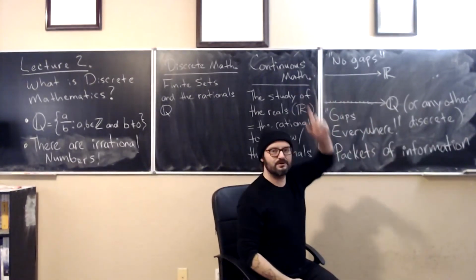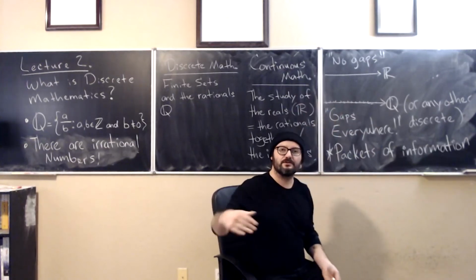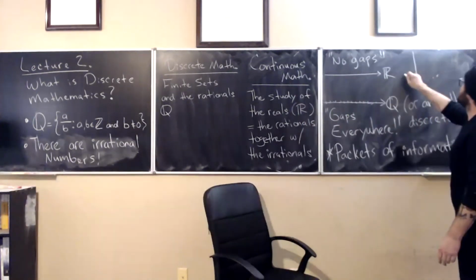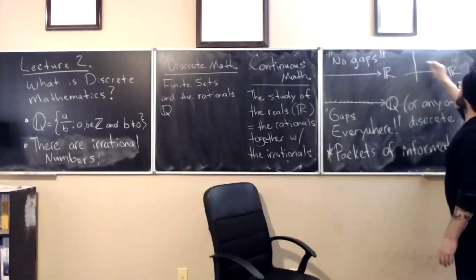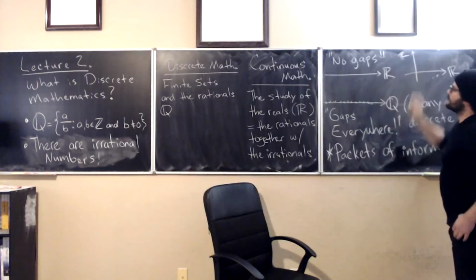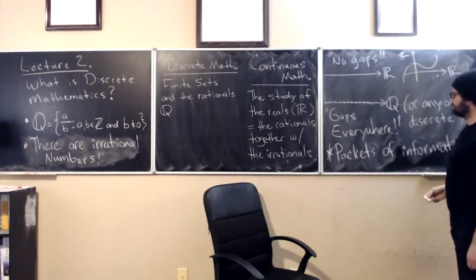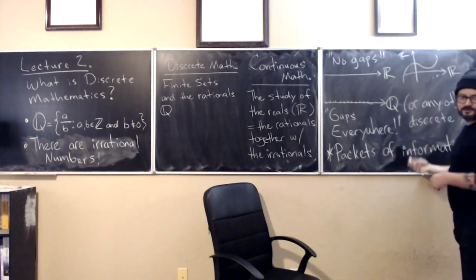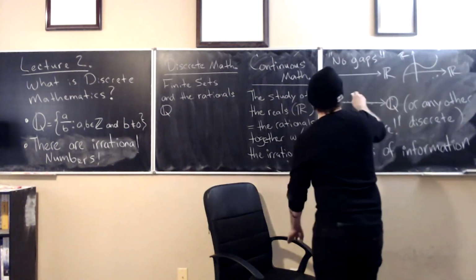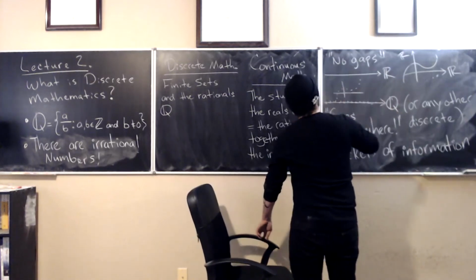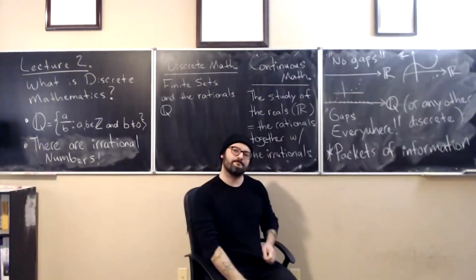Whereas on the real number line, things are smooth and there's no holes. That's why in a course like college algebra or pre-cal, you have a real number line crossed with a real number line called the Cartesian plane. That's why you have these smooth looking curves. Whereas for something that's discrete, like the rationals or any other discrete set, if you tried to plot something, it would look like this. There'd be holes everywhere.